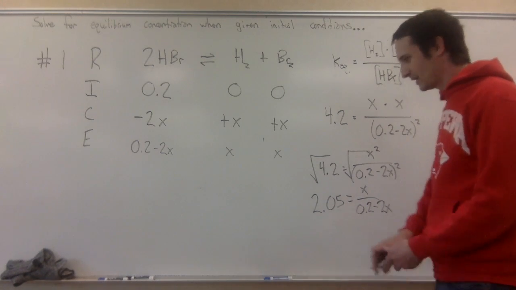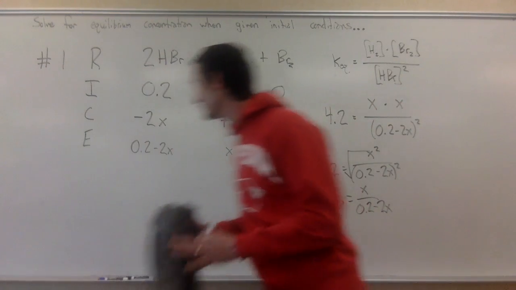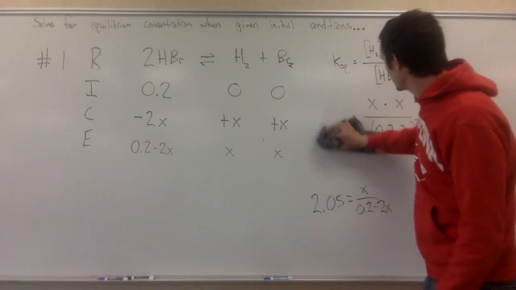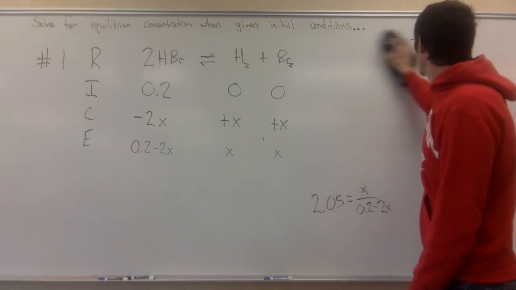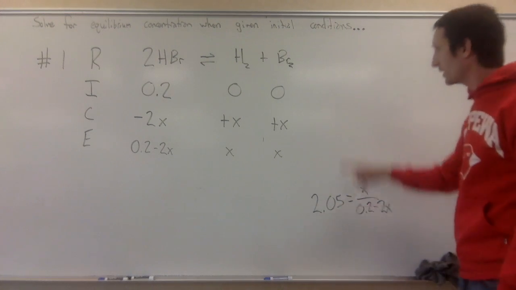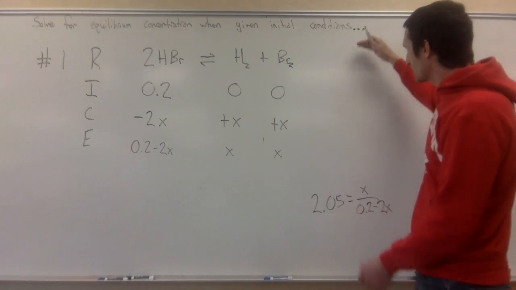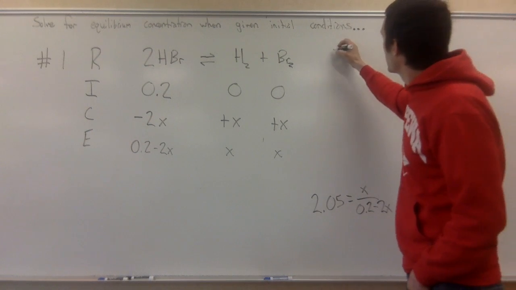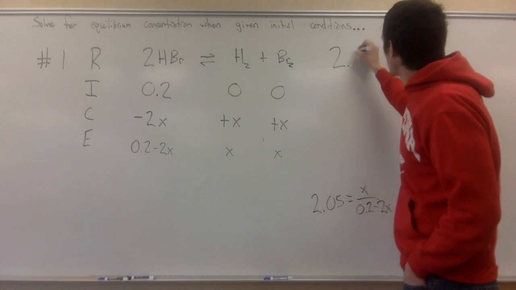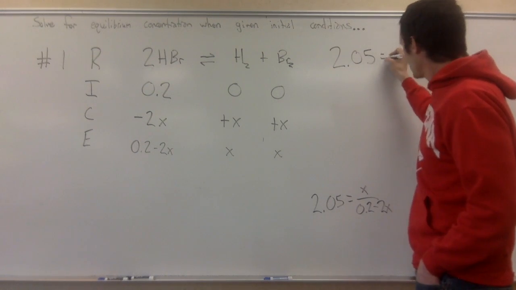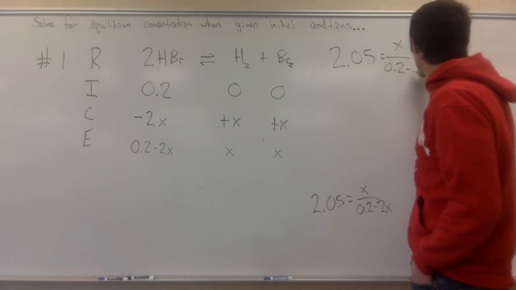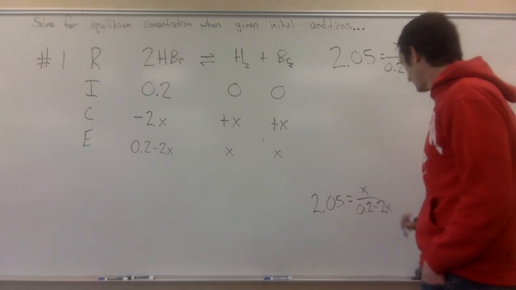I'm going to get rid of some of this math up top just to simplify things. I'm going to rewrite that equation as I work my way through the math. So we said 2.05 equals x over 0.2 minus 2x, right?